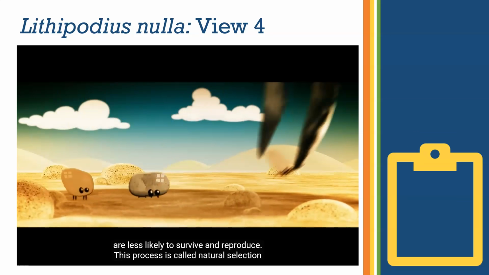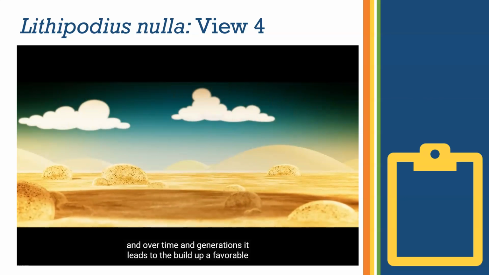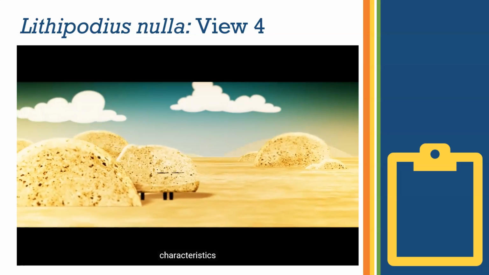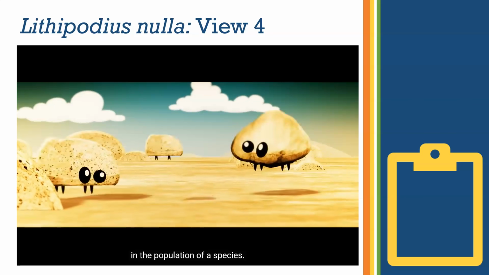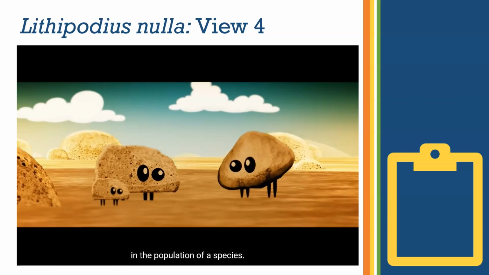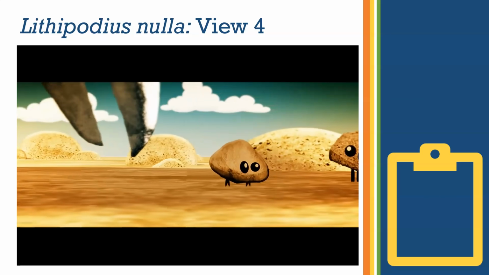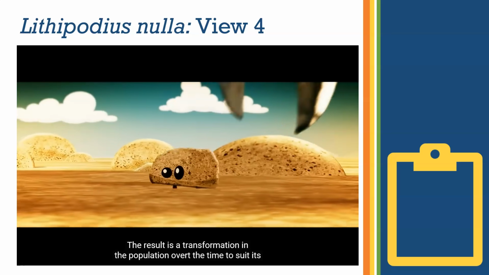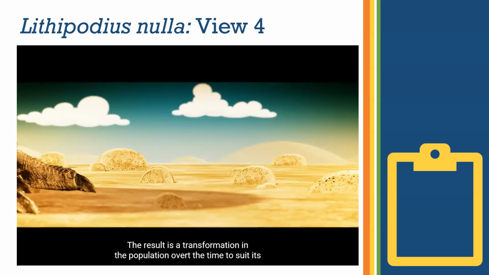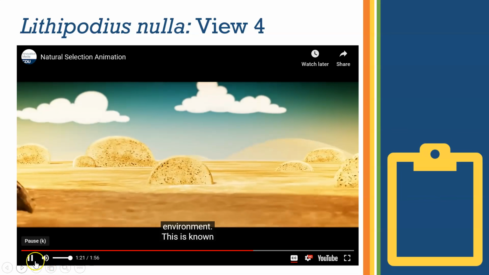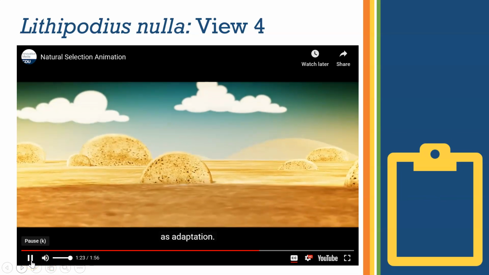This process is called natural selection, and over time and generations, it leads to the build-up of favorable characteristics in the population of a species. The result is a transformation of a population over time to suit its environment. This is known as adaptation.